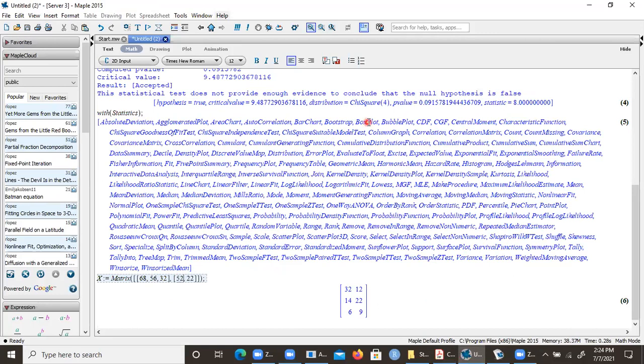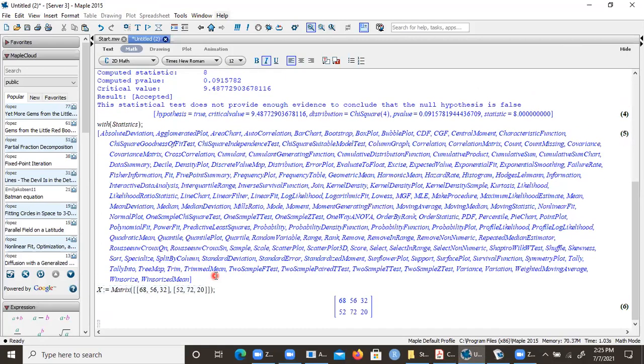So now this becomes your observed frequencies written row wise.